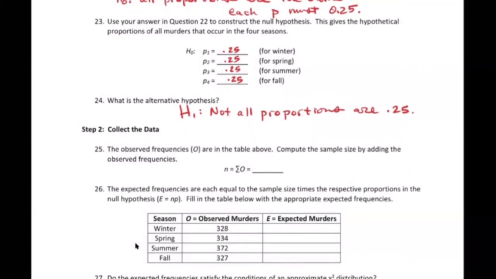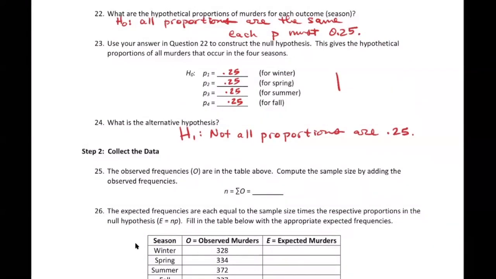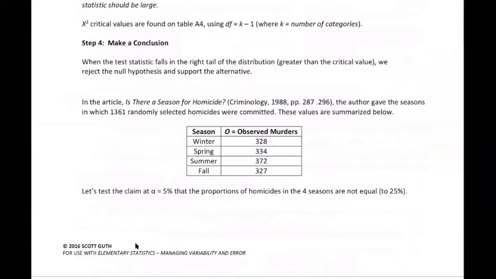Now, the sample size, we've got the number of categories. Remember, K is 4. That's the number of categories, but that's different from the sample size. The sample size would be the number of observed frequencies. So if we had gone up to this table and added all this up to get a total, they tell us what it is.